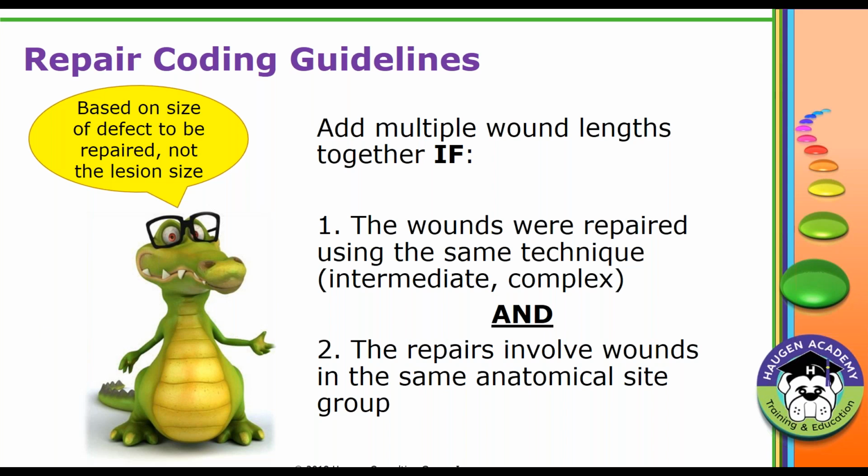So you can add them together if those two criteria are met. And the repair is always based on the size of the defect to be repaired, not the lesion size. So that's another thing that might be missing in documentation. But again, it is needed for CPT. So if you're not seeing the size, go ahead and work with your providers on that. So the repair codes are based on longest length of the incision.